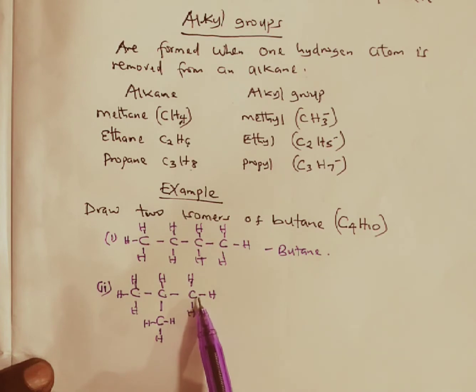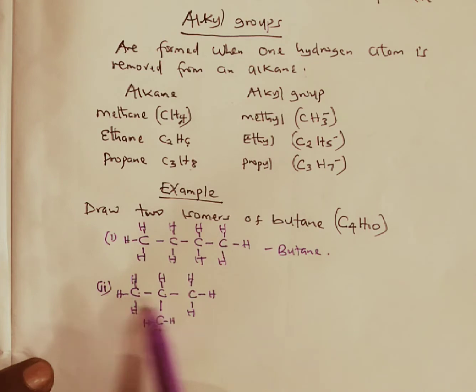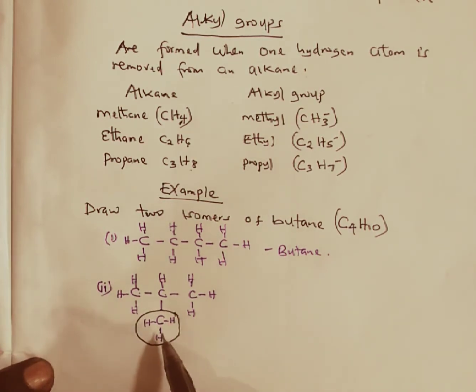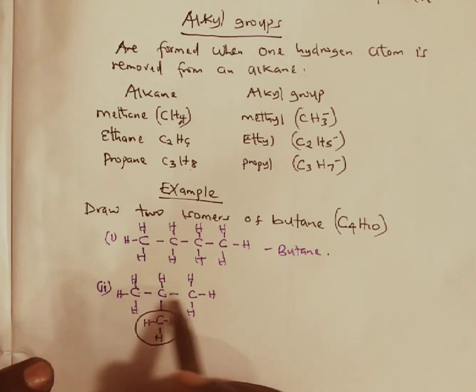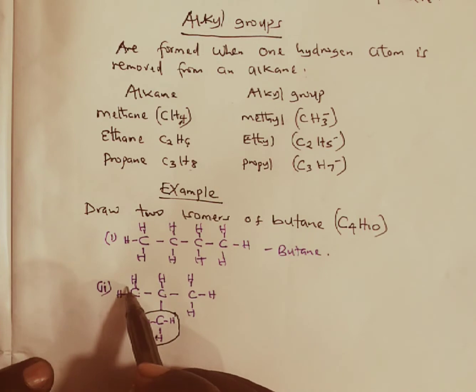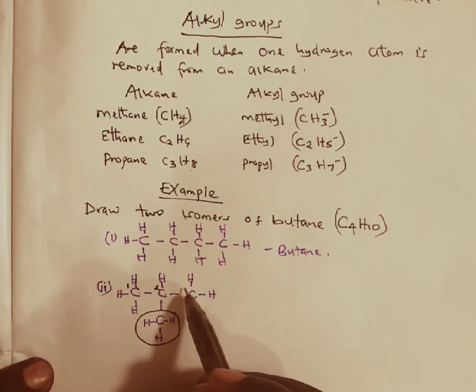But again, in naming this isomer, we need to recognize anything that is not along the straight line. We call it a branch. So this one is a branch, and since it has 1 carbon atom and 3 hydrogen atoms, we call it a methyl. Anytime we are naming this compound, we should number the longest continuous chain from the end that contains the branch. Since the branch is at the center, we can begin our numbering from either side, and therefore we have 1, 2, 3.